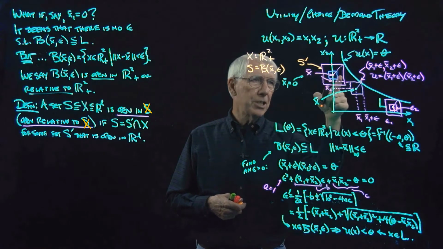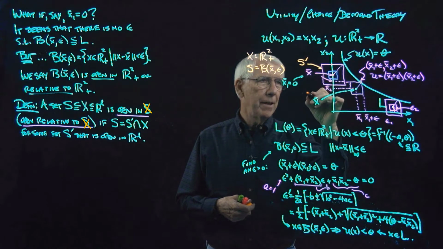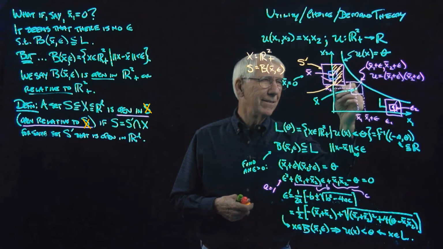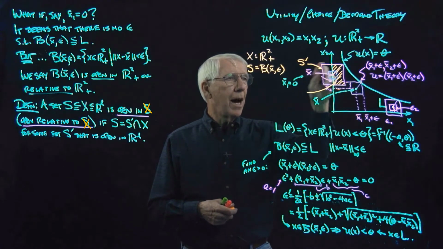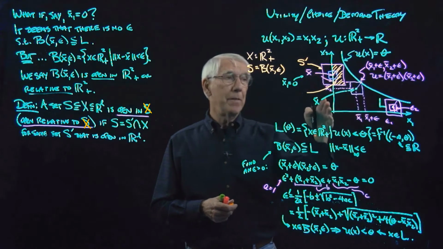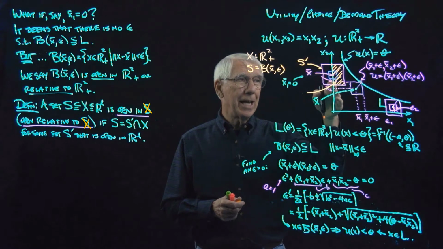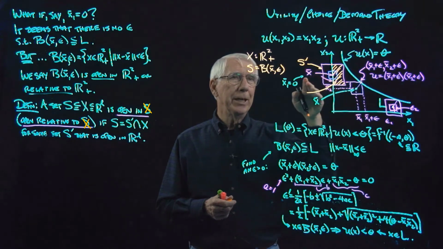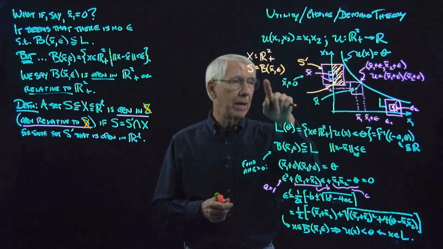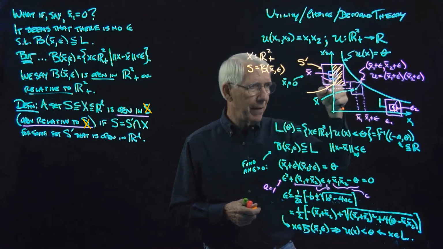And what's playing the role of S is this, and so I'm going to write over here that this, the part of the epsilon square that's in R2 plus, that is B of X bar epsilon intersect R2 plus, that's this.